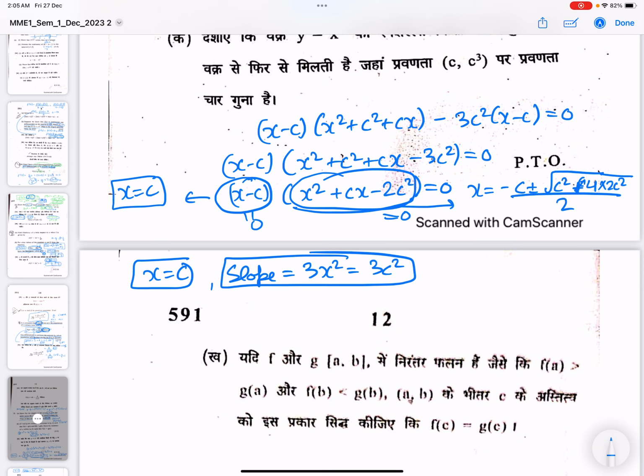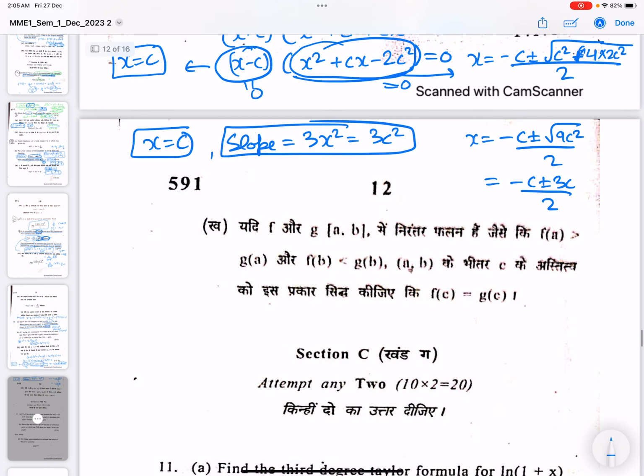So x would be minus c plus minus the square root of 9c square upon 2, so this would be minus c plus minus 3c upon 2. So x would take the values minus c plus 3c upon 2, and minus c minus 3c upon 2. This is nothing but c, and this is minus 2c. So we have already dealt with c.